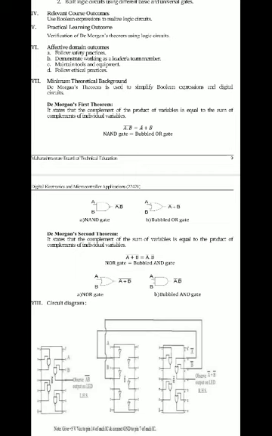The NOR gate has two inputs A and B, and gives the output (A plus B) bar. The bubbled AND gate has two inputs A and B, and after the AND gate it gives A bar dot B bar.